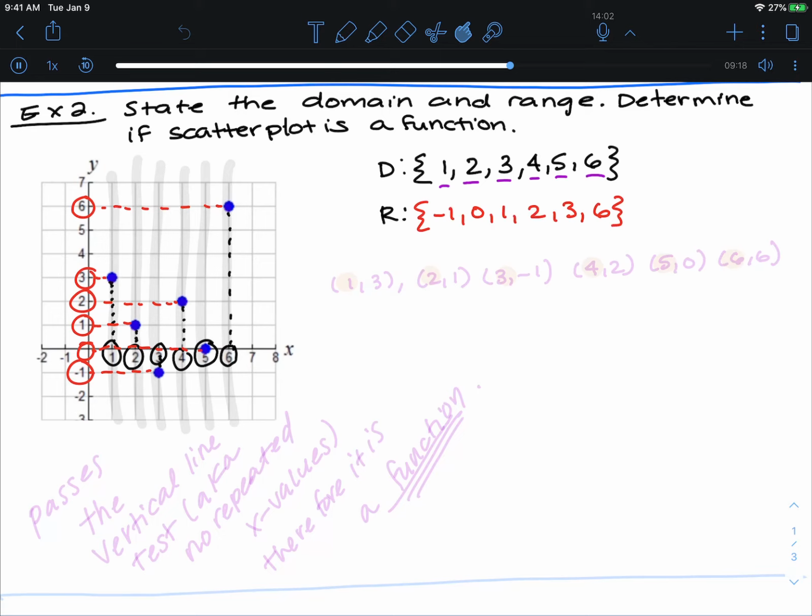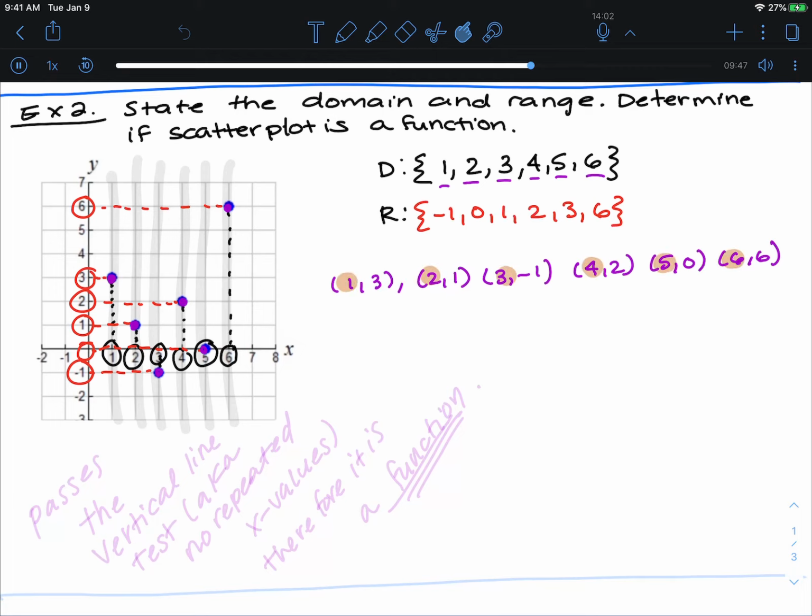You can also do the ordered pairs like we did. 1, 3, 2, 1, 3, -1, 4, 2, 5, 0, and then 6, 6. And you'll see X values repeated. Nope.